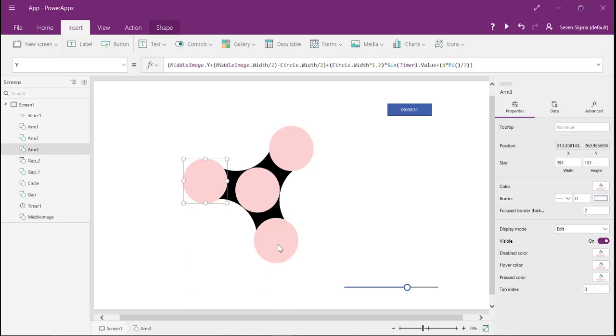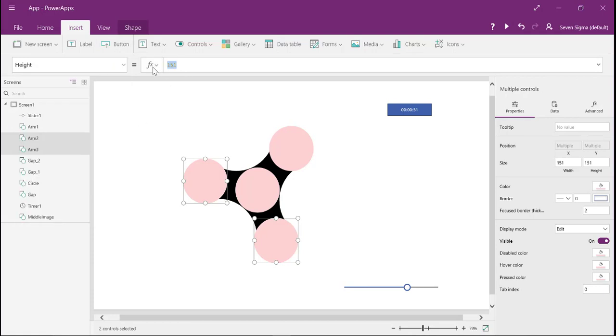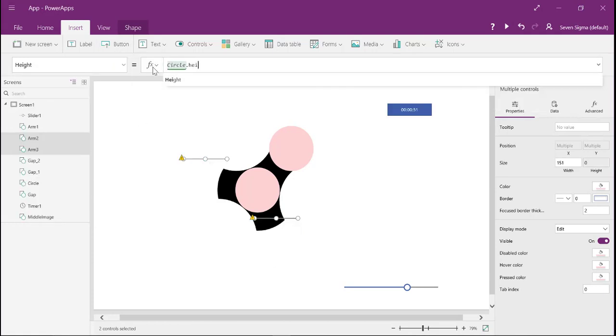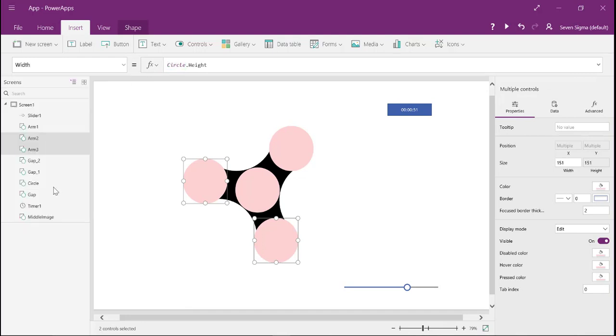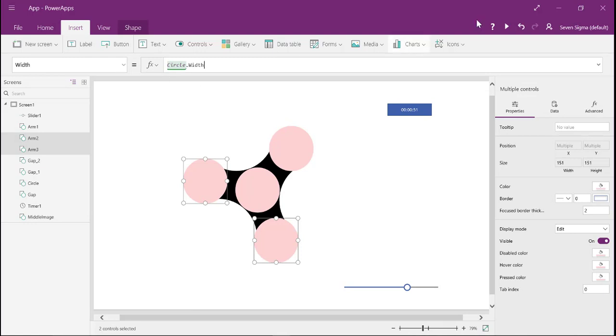Who knows? So if I go that one and that one, just like control select, and I went to height, and I typed in circle dot height. Oh my goodness! All I can say is I may not know how to type, but I checked that I can select multiple properties. Circle dot width. So essentially, can't use a keyboard, but I can use a mouse. Yes.